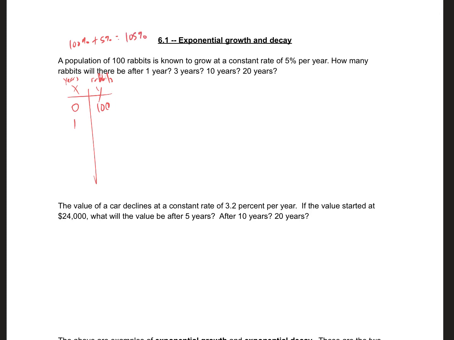If you write that as a decimal, that's 1.05, and that's what you can multiply the 100 by to get the increase of 5% added on. Which means basically, if I wanted to figure out what was going on after 3 years, after 2, I'd multiply this number by another 1.05. And after 3 years, I'd multiply this number by another 1.05.